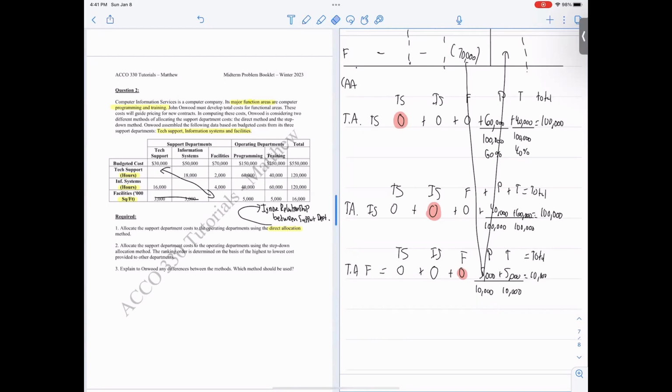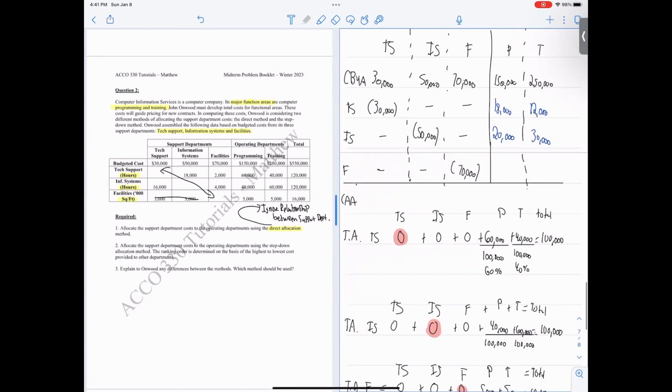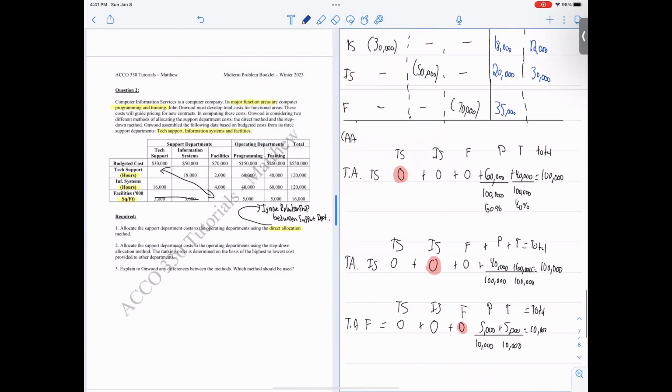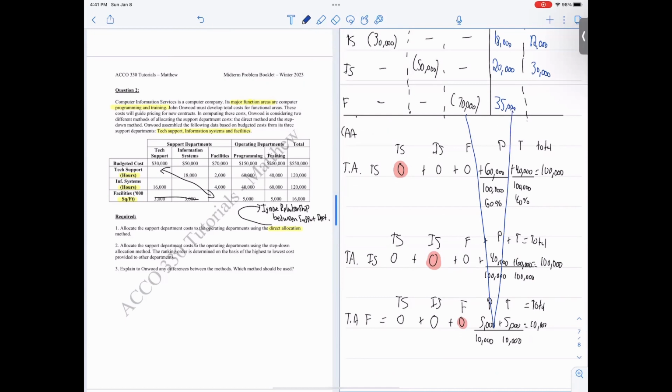They use half. Okay, so they should be burdened with half the cost. So since programming uses half the amount, they take half the cost, which is 35,000, 70,000 times 5,000 over 10,000. Remember, guys, fractions only, no decimals. Then for training, 70,000 times 5,000 over 10,000. Okay, that gives you 35,000 again.